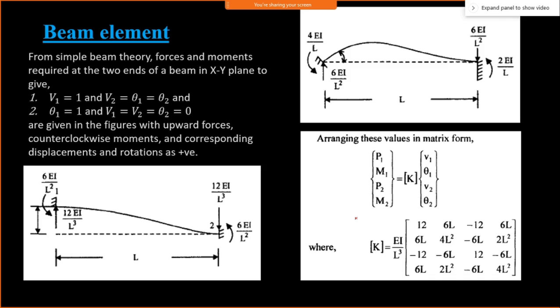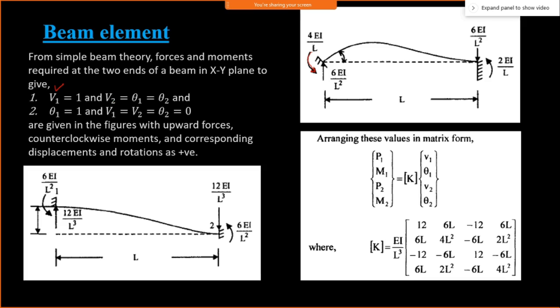The same is true with temperature analysis also. If you look into the beam element, I already told you there will be 2 degrees of freedom. One is a rotation, another is a deformation. V indicates a vertical deformation, and theta indicates my rotation, or I can say the slope.